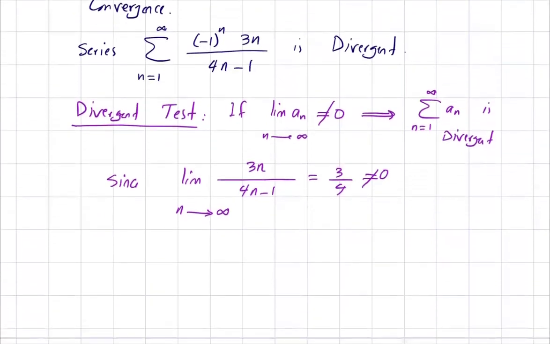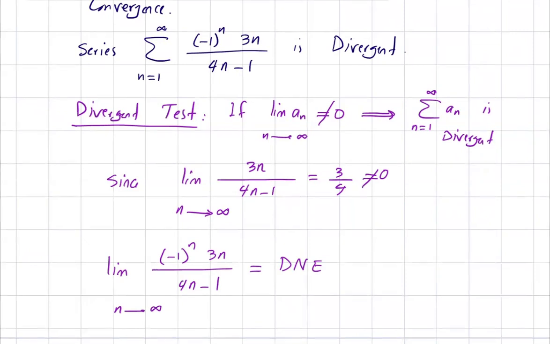For the series itself, the limit of -1 to power n, 3n divided by 4n minus 1 as n goes to infinity, is not 3/4, everybody. Just be careful here. It cannot be found. This doesn't exist because you have -1 to power n, all right?